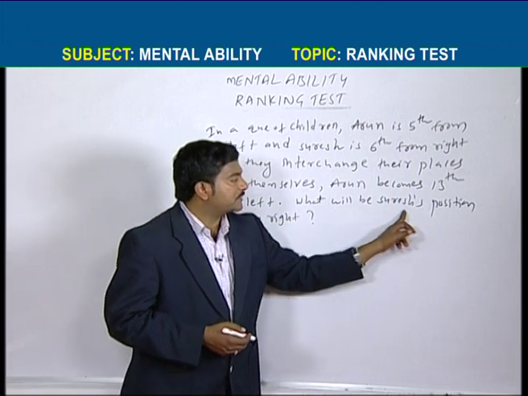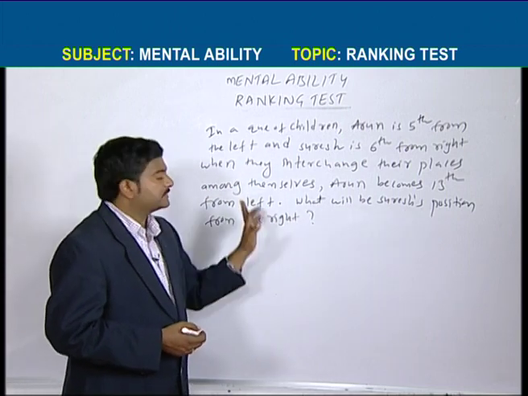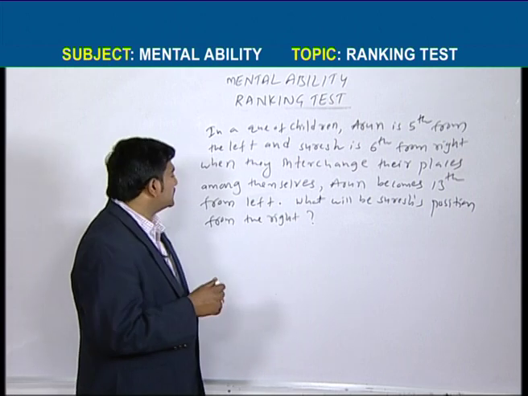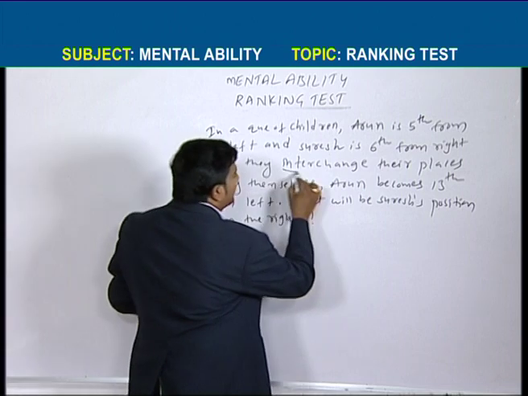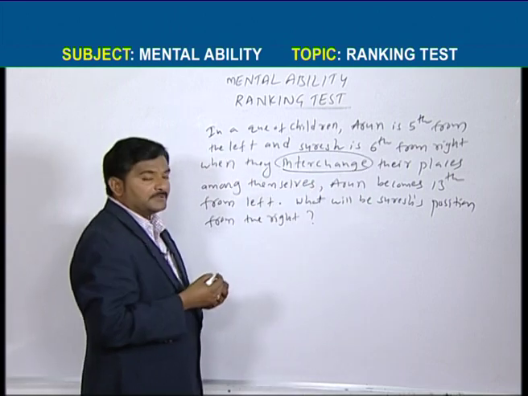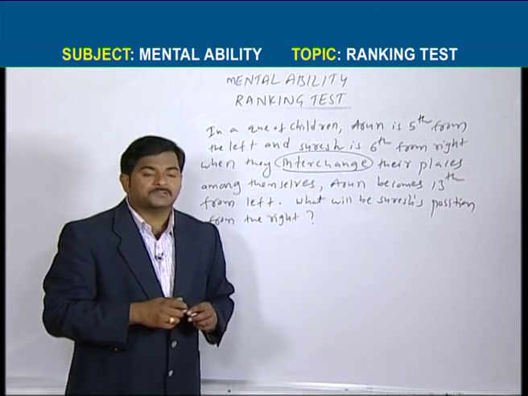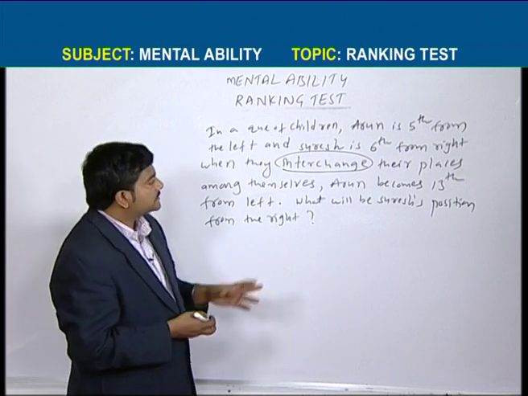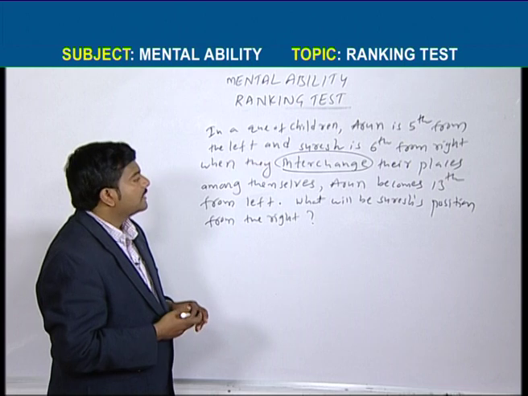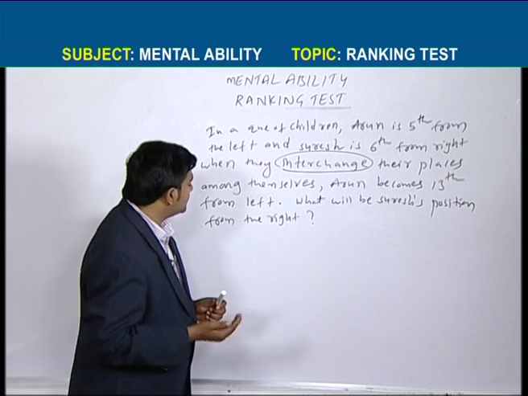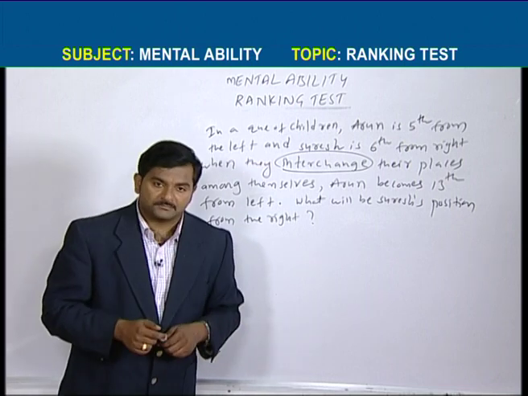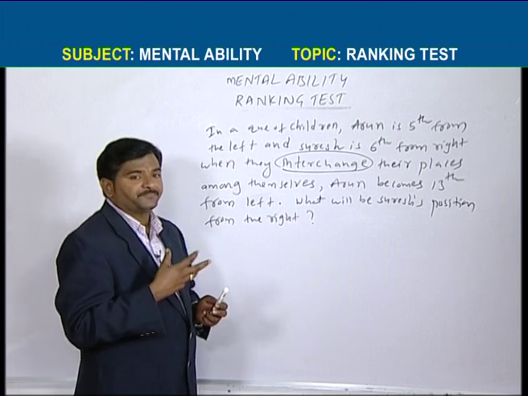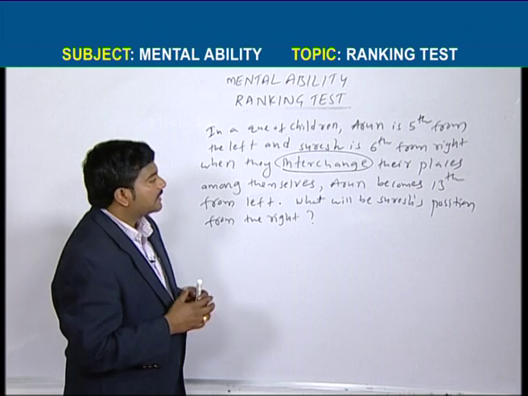What will be Suresh's position from the right? In the previous question also it is based on the interchange concept, but there he asked to find the total number of students, whereas in this question he asks to find Suresh's position from the right. This is an easy concept. The idea is the same, because it is the interchange concept.